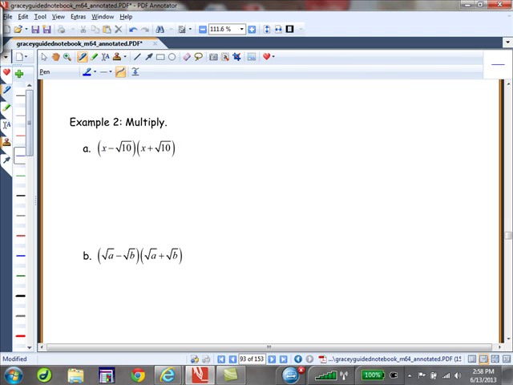We've got an x on the left and a root 10 on the right, and this one has a minus and this one has a plus. So that's going to give us x squared minus root 10 squared. So this will be x squared, and then root 10 squared is perfect, 10. So again, this results in this. And that's our answer.